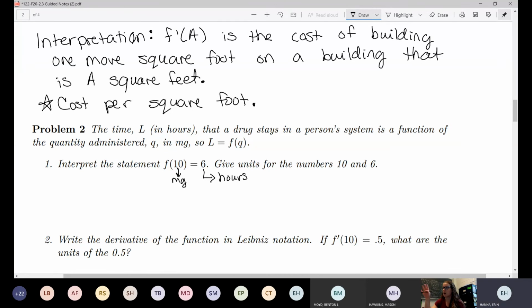Now, if we go back and look at the context of this problem, we're talking about how long a drug stays in a person's system. So this would mean that if 10 milligrams of the drug is administered, then it stays in their system for 6 hours.